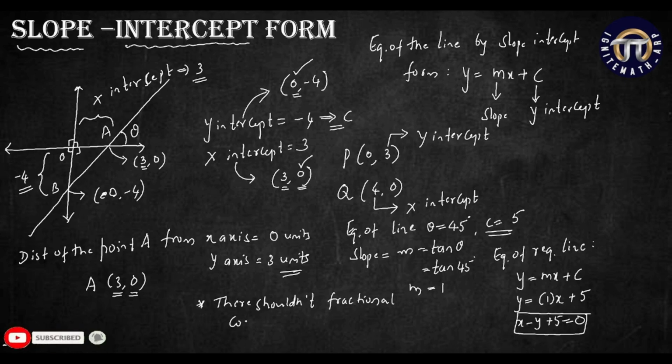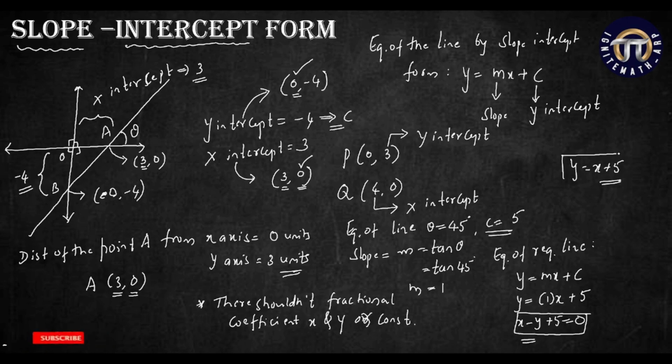Fractional coefficients of x and y, or even the constant should not be a fraction. Clear, children? So it should always be expressed in the standard form: x term first, y term later, then the constant. Or you can write it like y is equal to x plus 5. That is also well and good, but no coefficient should be a fraction.